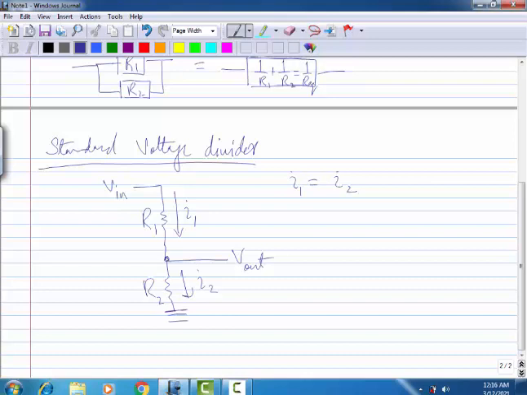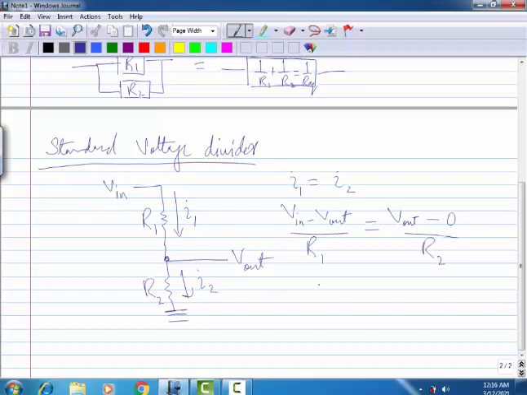now if I write the equation for current, because the input voltage is V in and the next voltage is V out, we need to take the difference and divide by the resistance in between. So V in minus V out divided by R1 must equal, for the second one, V out minus 0 divided by R2, since we have a ground here.